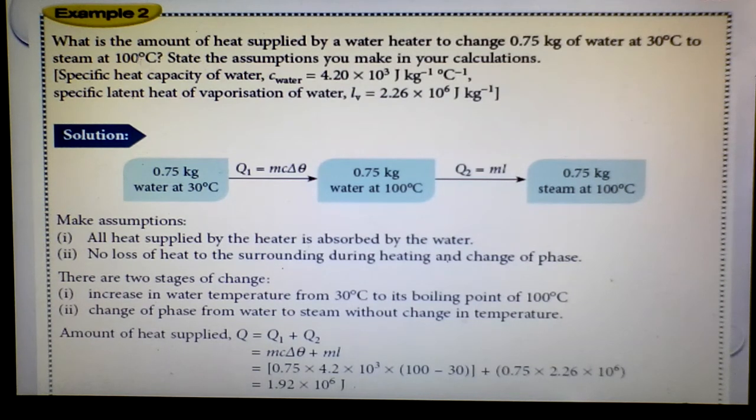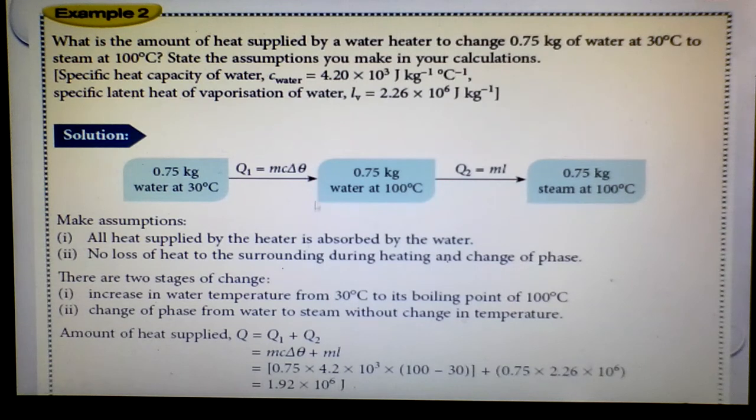From 30 degrees to 100 degrees Celsius, there is a change in temperature. So the 0.75 kilogram of water at 30 degrees Celsius absorbs heat for the heat capacity, which we mark as Q1. So Q1 equals mc delta theta.